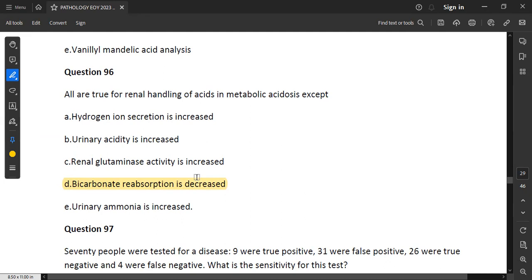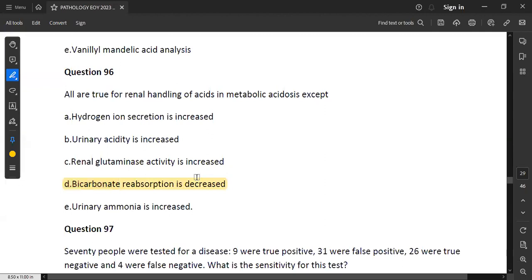Let's start this one and then we'll come back to it. Renal glutaminase activity is increased. The renal glutaminase is used in the metabolism of glutamine, and this helps generate bicarbonate ions, which are used to buffer the excess acid. We are releasing a lot of hydrogen, so glutaminase is involved in the metabolism of glutamine, and then we release HCO3, bicarbonate.